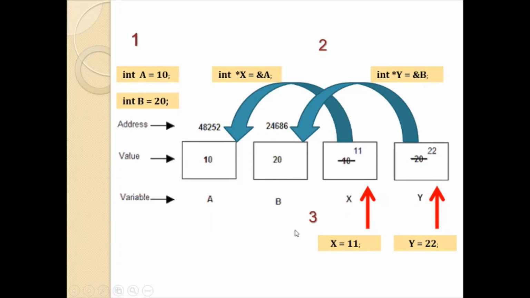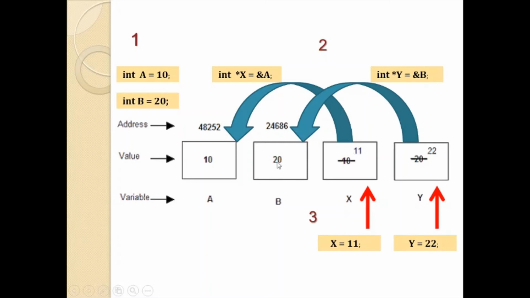Next, in third step, what we are going to do, we are altering the value of X. We are trying to initialize this value 11 to X and 22 to Y. What happens? Here separate memory is not allocated for this X and Y. Instead, this X and Y are pointing to the memory location of A and B. Hence, whatever value you make change here X is being changed, X is being written as 11 and Y is being written as 22.